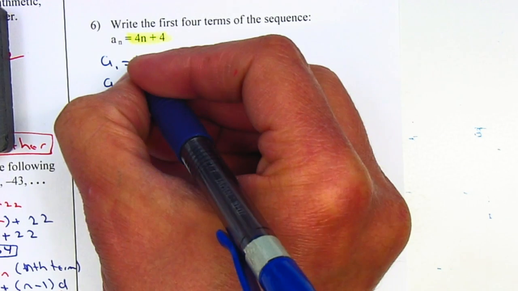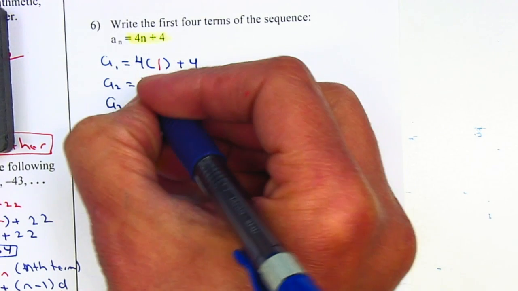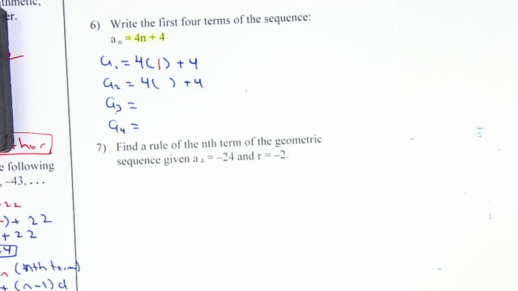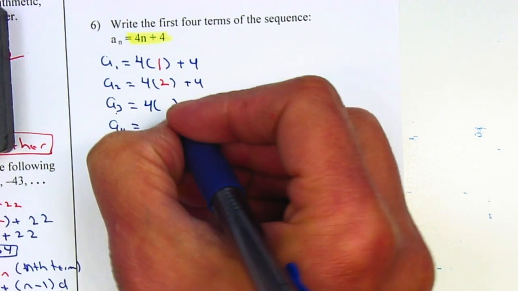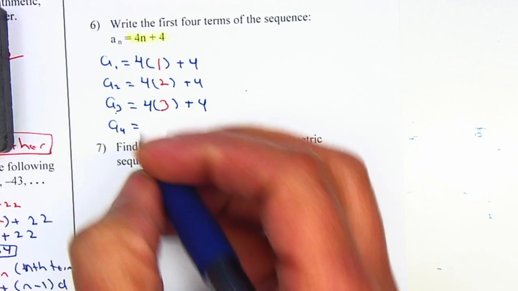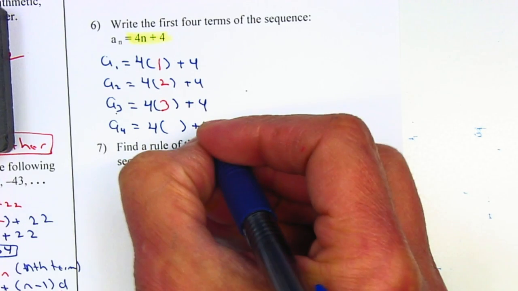To find the first term, because they give you the equation, you just plug in a 1. To find the second term, you plug in a 2. To find the third term, you plug in a 3. To find the fourth term, you plug in a 4.